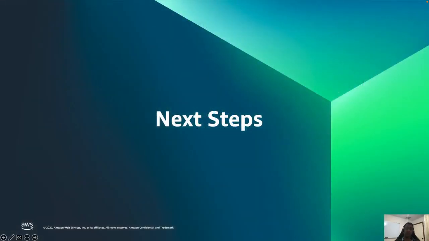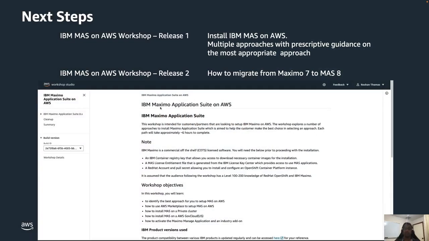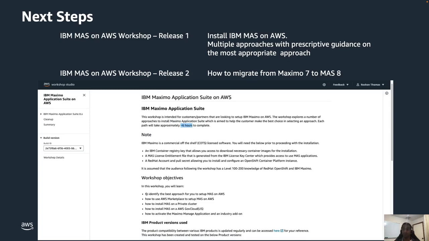Now, one of the most important tasks that we have taken is creation of an IBM MAS on AWS workshop. It is aimed at customers as well as partners, and it takes approximately 6 to 8 hours. It's a hands-on approach for customers as well as partners to go through an entire implementation of MAS on AWS.